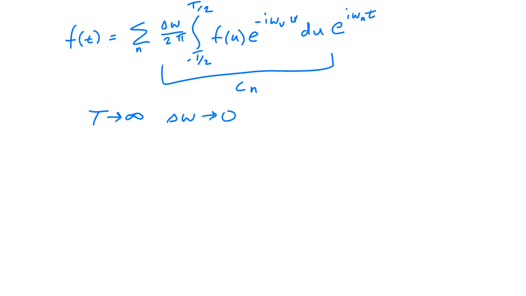And we can also define this new function g of omega to be equal to T times c sub n. So what we're effectively doing is taking a limit as T goes to infinity. Delta omega is going to drop to 0 naturally, but this transformation should not necessarily go to 0 because f of t doesn't go to 0.